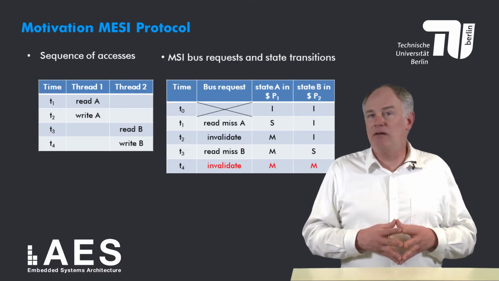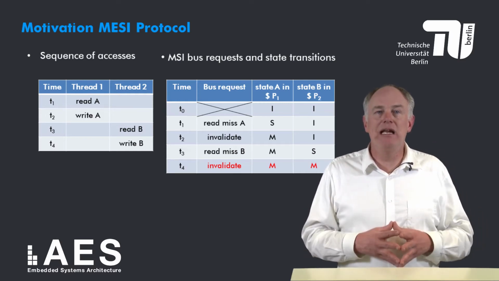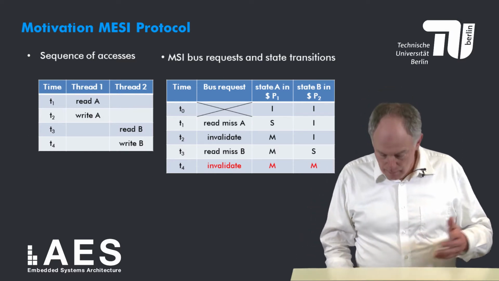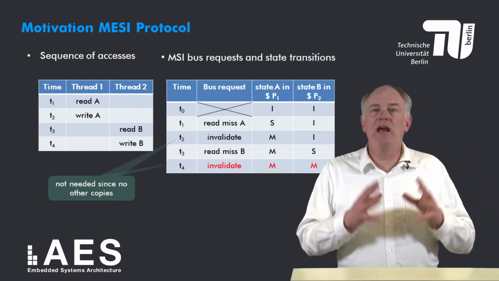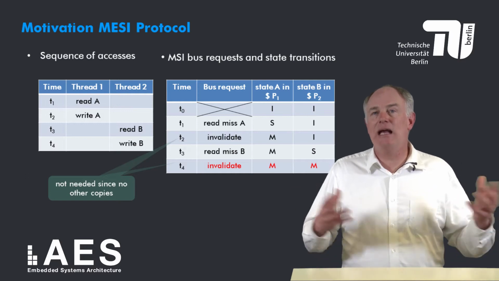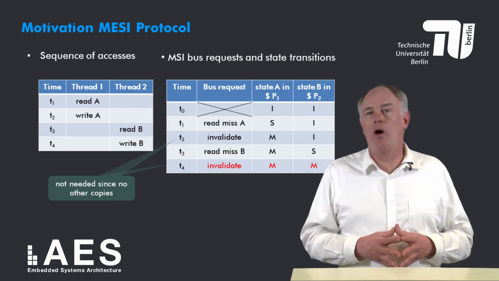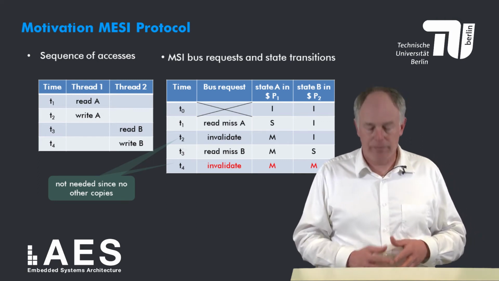And again, this invalidation message is not really needed since there are no other copies of B. Bottom line, both invalidation requests for A as well as B were unnecessary since there are no other copies of A and B.